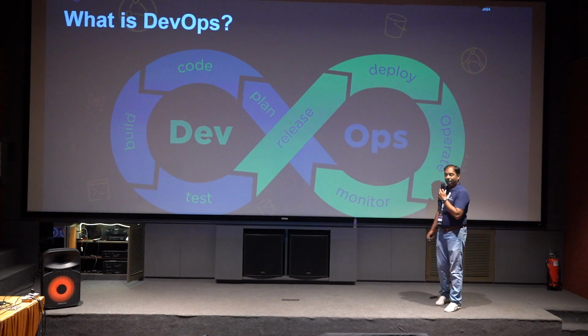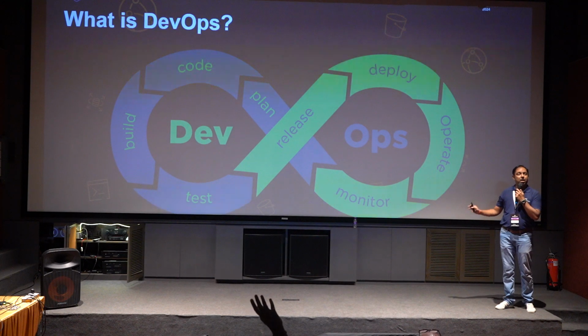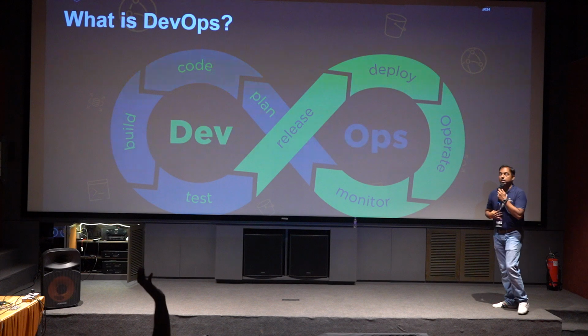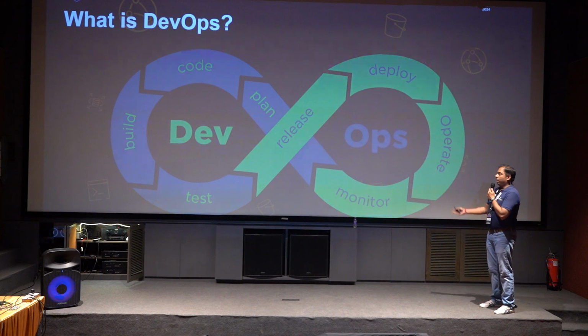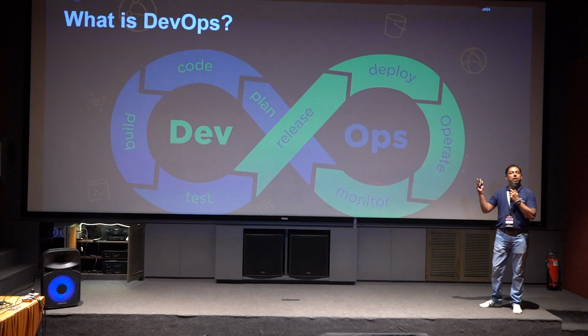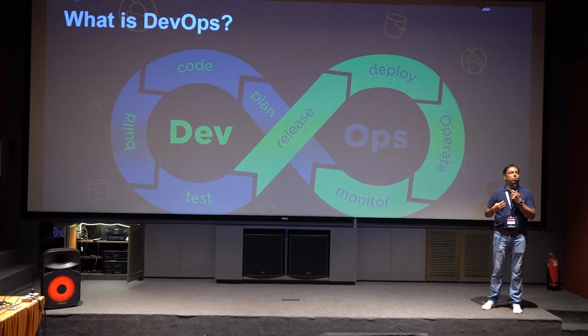How many of you have seen this kind of screen before, or this kind of diagram? Okay, wonderful. My job is very easy. So you understand that this is what is normally defined as DevOps. Anybody asks me what is DevOps, there's no standard definition of it.